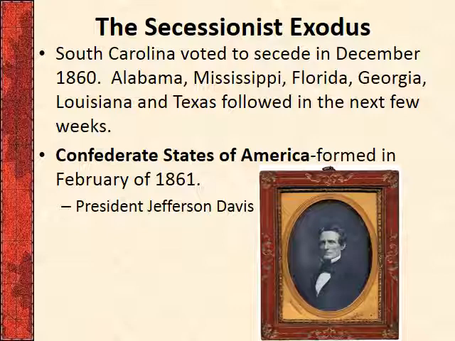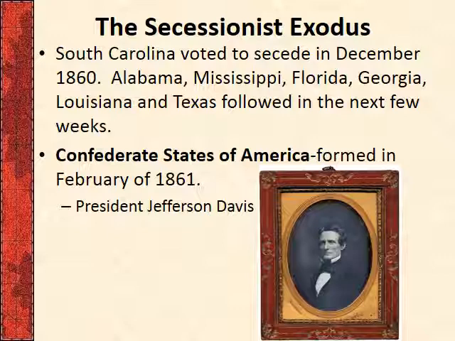Within a few weeks, Alabama, Mississippi, Florida, Georgia, Louisiana, and Texas also secede. They form the Confederate States of America in February 1861, still a month before Lincoln takes office, and they elect as their president Jefferson Davis. There's a picture of him down in the lower right.